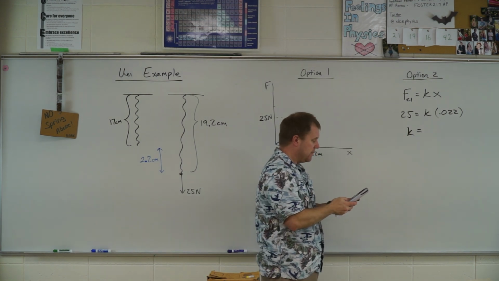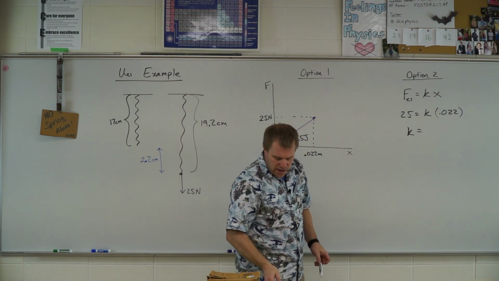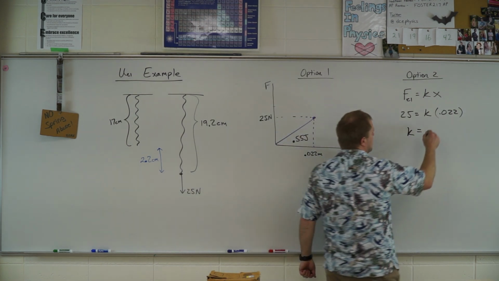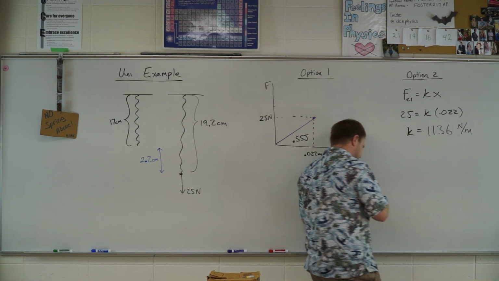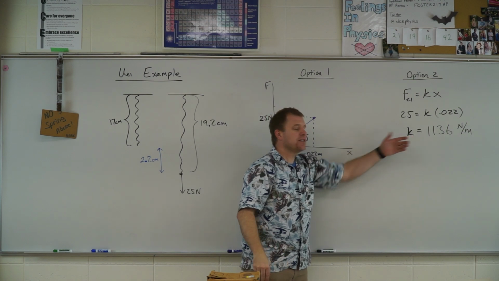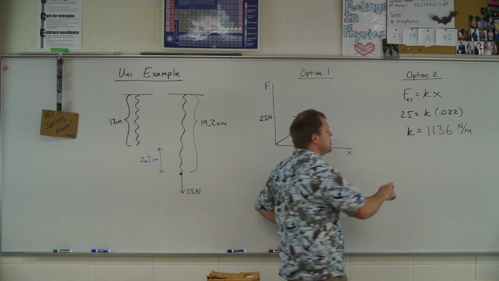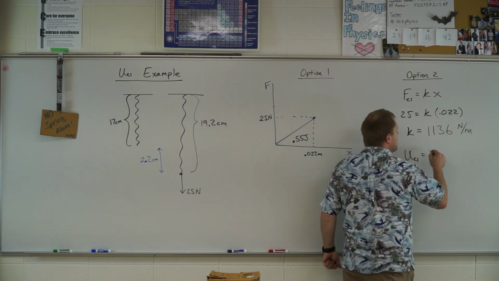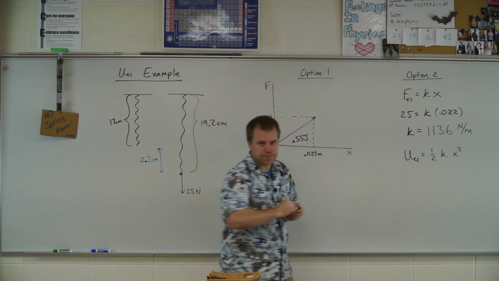So 25 divided by 0.022 gives me 1,136 newtons per meter. Right? So I can find that spring constant, and then if I wanted to find this same amount of energy, I could talk about U_el as being 1/2 kx squared.